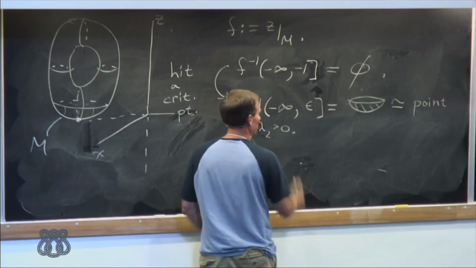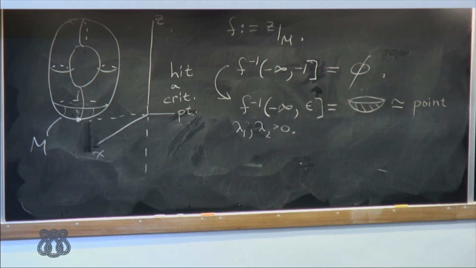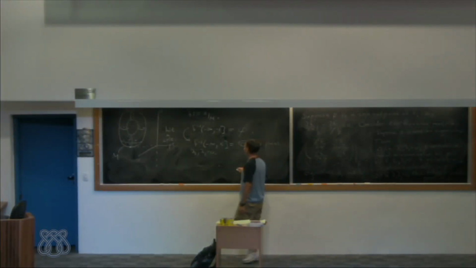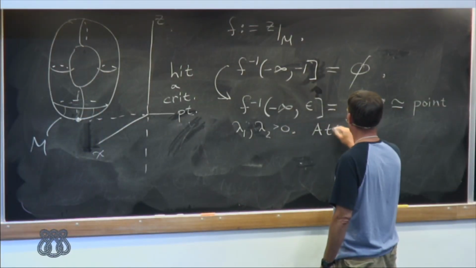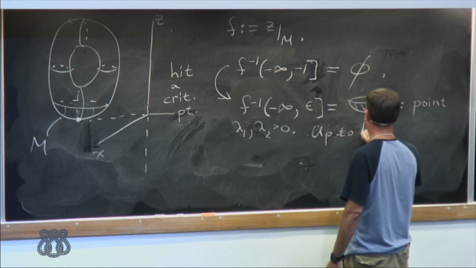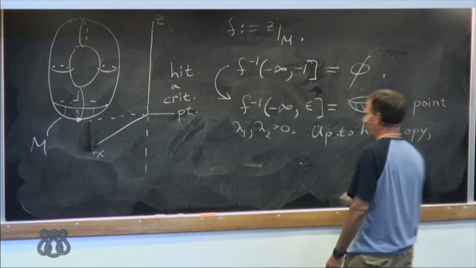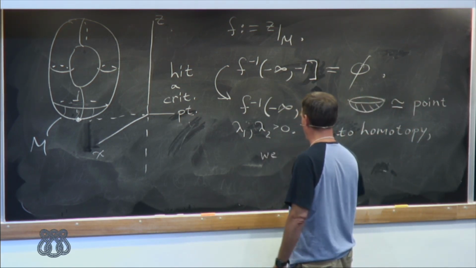And what happened when we went through there? Well, here's a bizarre way of looking at it. We attached a zero cell, up to homotopy, to what we had before.